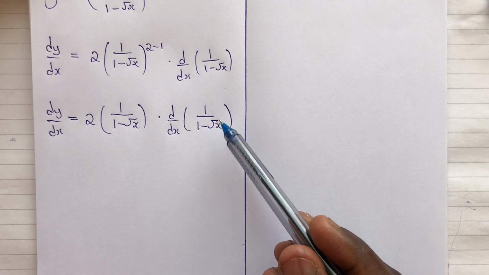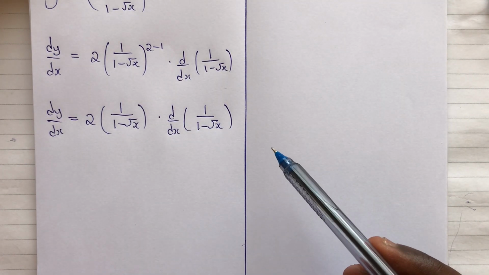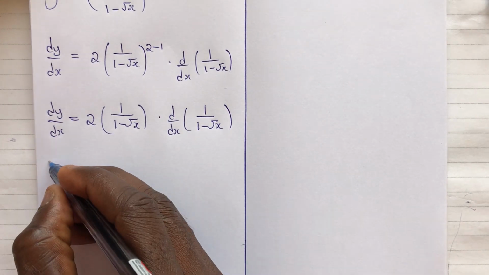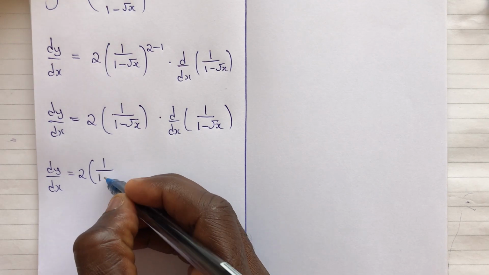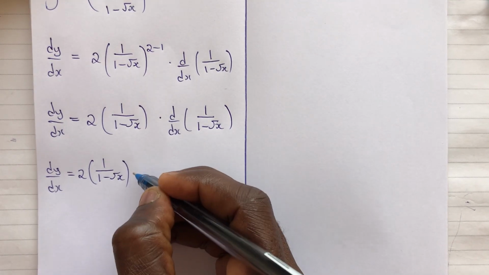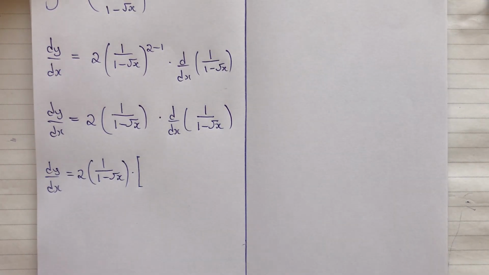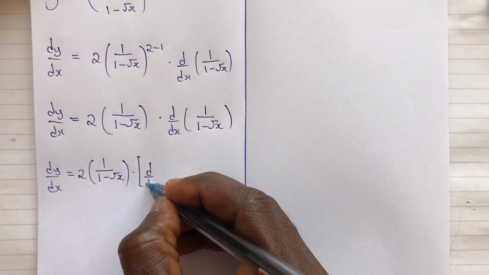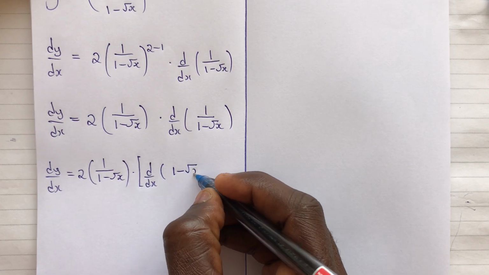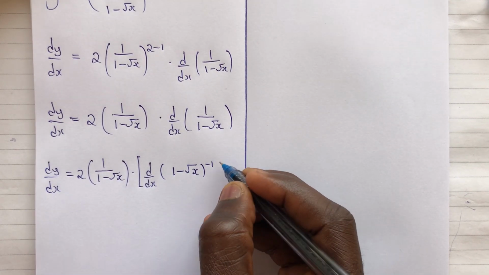To do this, we change this into a linear function. So watch carefully. We have dy/dx giving us 2 over 1 minus root x times, well, let me put a square bracket here. Now this is giving me the derivative of 1 minus root of x, or negative 1.